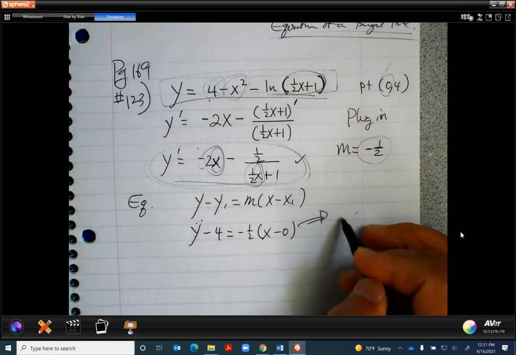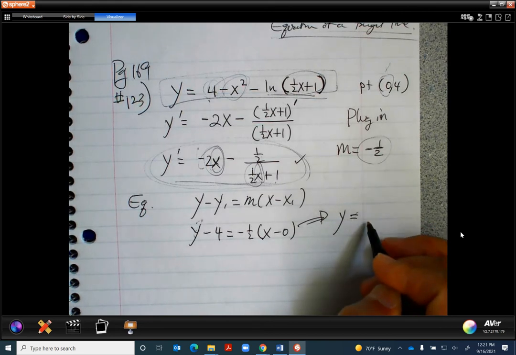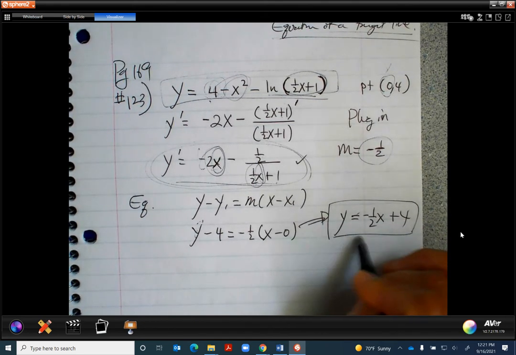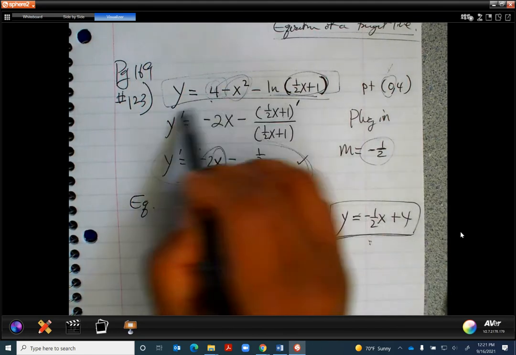What is that? y is equal to negative 1/2 x plus 4. Here it is. This is representing what? Tangent line. Tangent line.